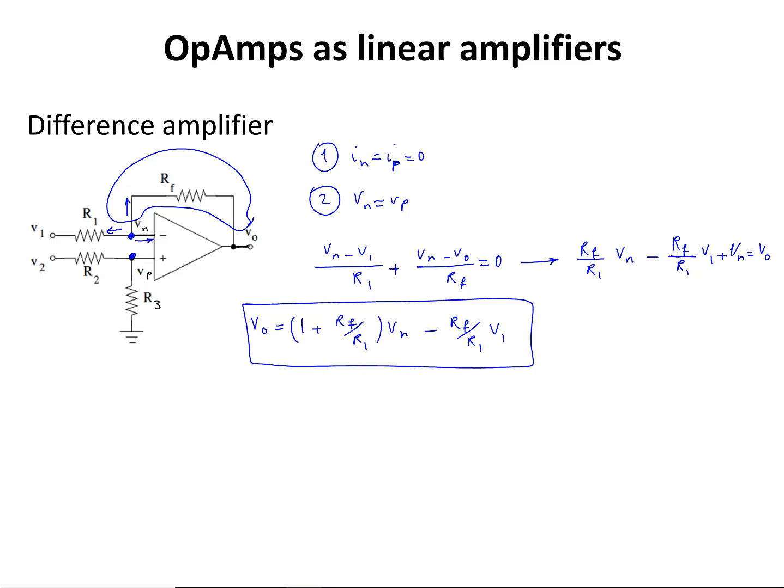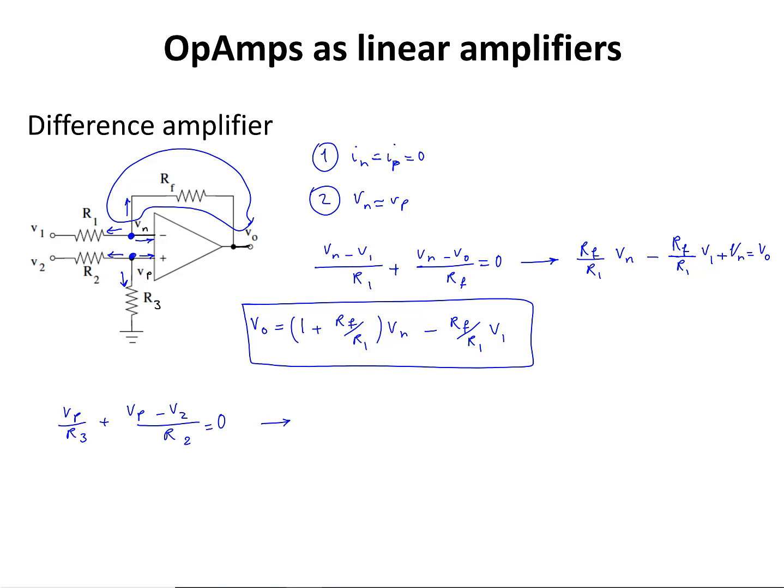Now the KCL at node P is going to tell me that the current that flows in this direction plus the current that leaves the node at this direction plus this current is equal to 0, and IP is equal to 0. So from there, Vp over R3 plus (Vp minus V2) over R2 is equal to 0.